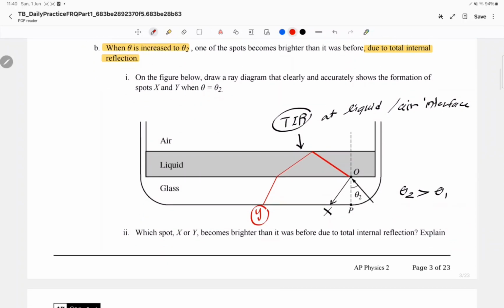So which spot becomes brighter? It's going to be spot Y. Why? Because TIR at the liquid air interface, so no light is transmitted to the air.